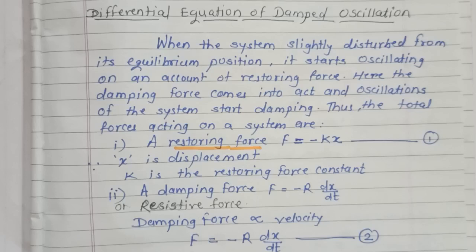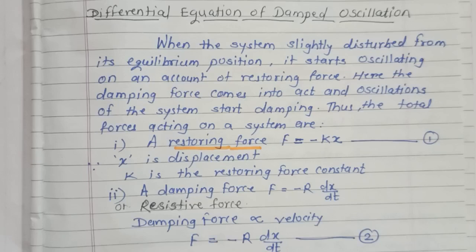Here, the damping force comes into action, that is the air resistive force, and the oscillation of the system starts damping. Thus, the total forces acting on the system are: first, the restoring force; second, a damping force or air resistive force.